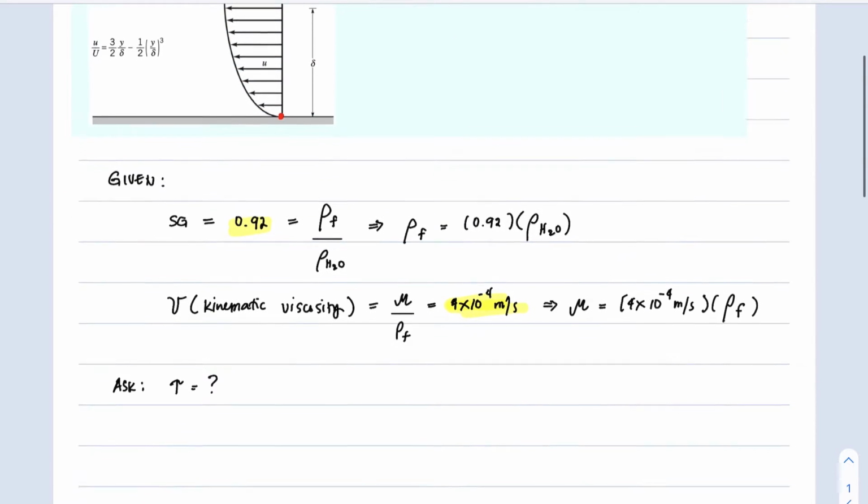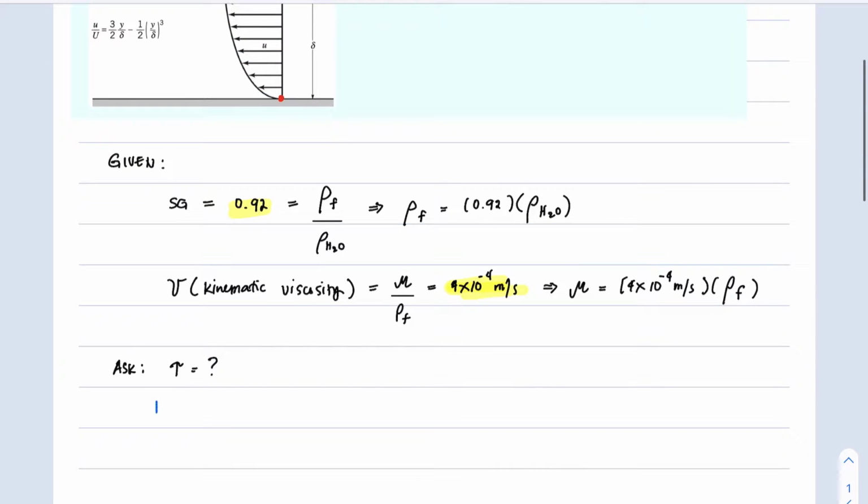Now I'm going to change color to blue, and recall that tau is basically your mu, the absolute viscosity, multiplied by the velocity gradient du over dy. You have to take note that the velocity gradient, the one that I am highlighting, is not directly given in the problem. So what you're going to do is solve for this first.